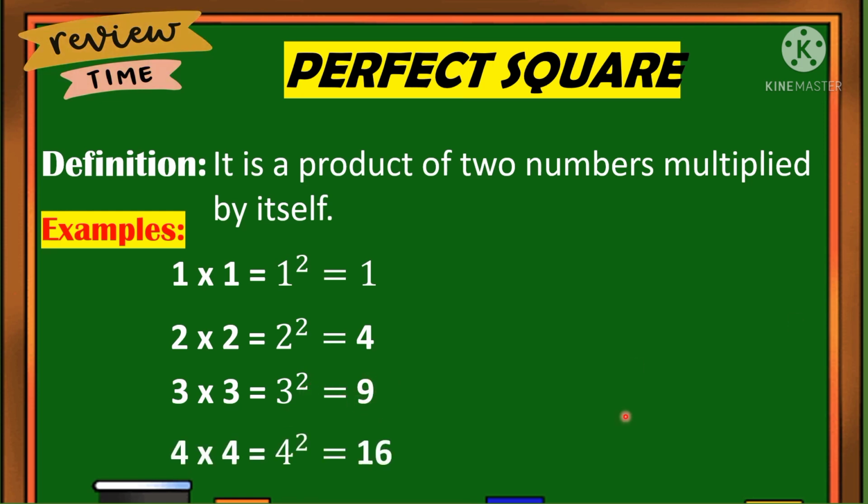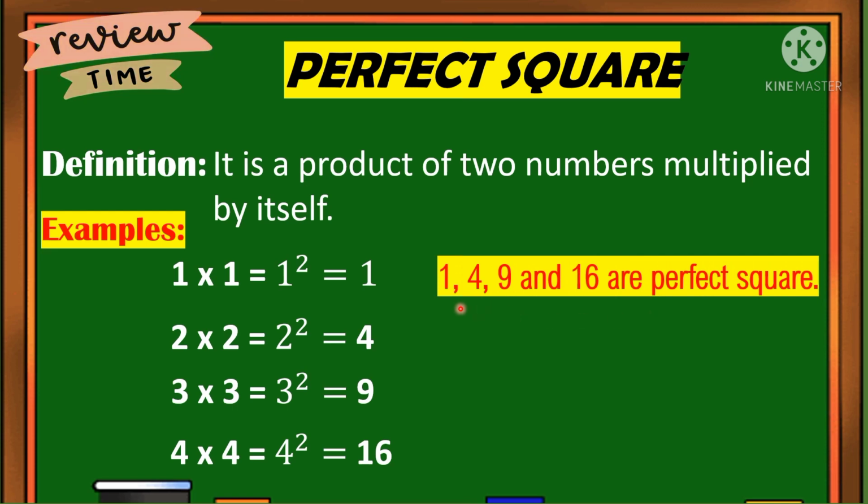And 4 times 4 is the same as 4 squared, which is equal to 16. Therefore, 1, 4, 9, and 16 are perfect squares, kasi yung minultiply nating number ay sa sarili lang din niya minultiply.